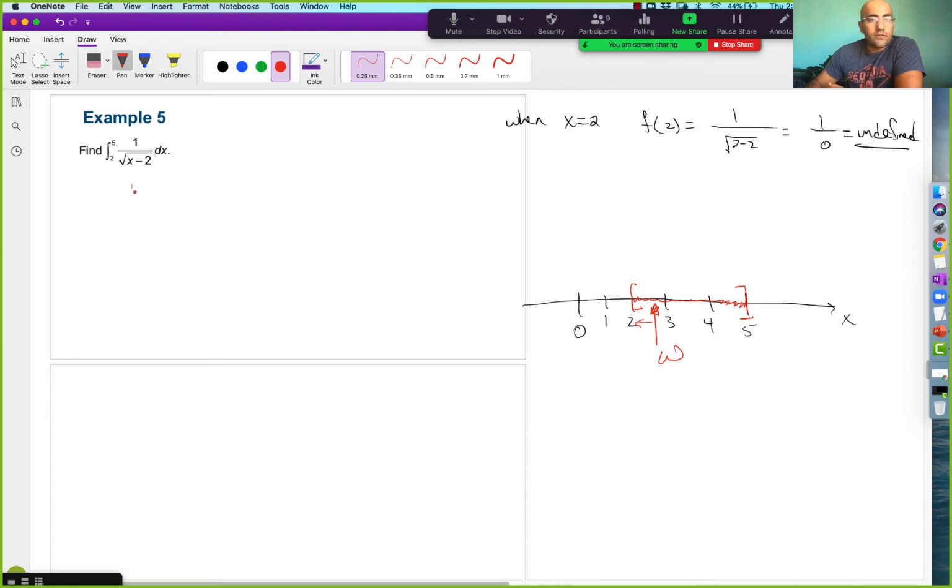So we're going to say that this is equivalent to the limit as w approaches 2 from the right-hand side of the integral from w to 5 of 1 over the square root of x minus 2 dx.